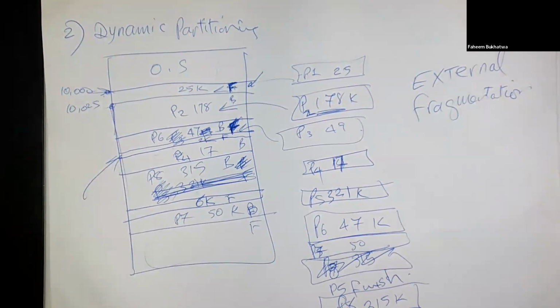So we cannot even accommodate the 60K program, even though we have 200K. What we have is lots of small fragments. They are no good. So sometimes this system becomes inefficient, because we can have lots of memory free, but it's not in one continuous block. It's in small fragments, which cannot be used.